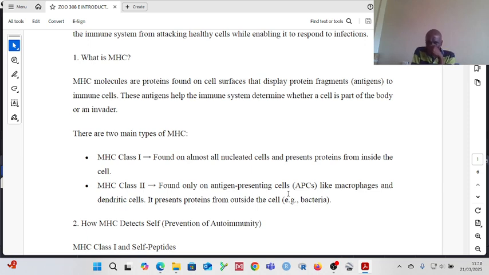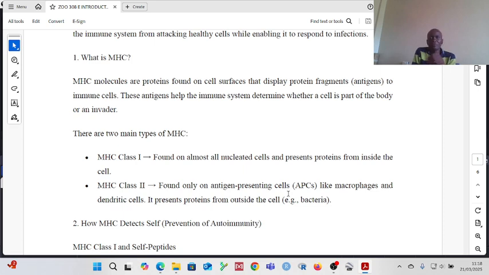MHC class 1 is found on almost all nucleated cells, cells that have a nucleus. MHC class 1 helps in presenting proteins from inside the cell, so intracellular proteins.